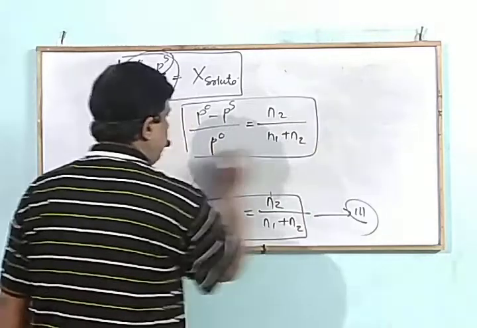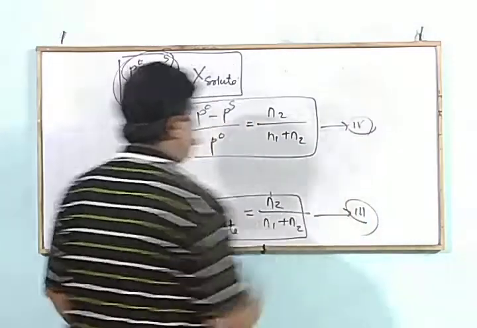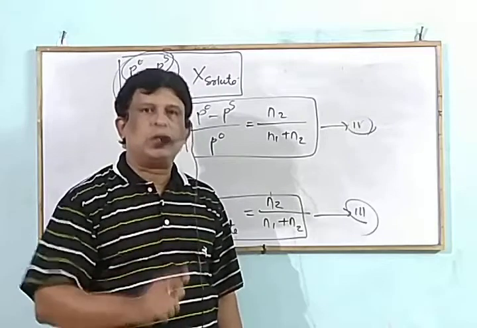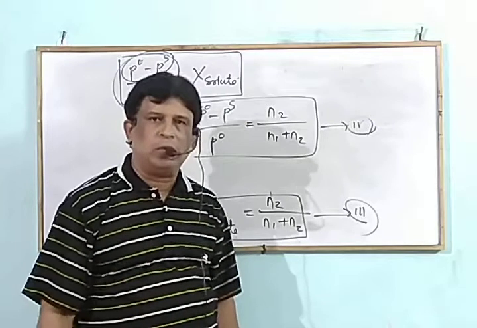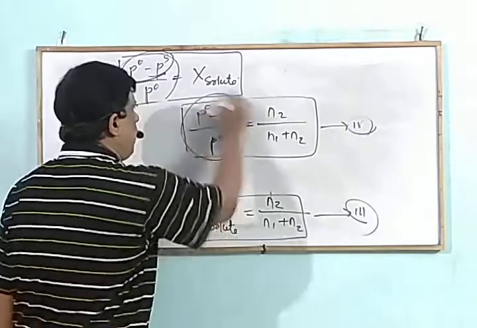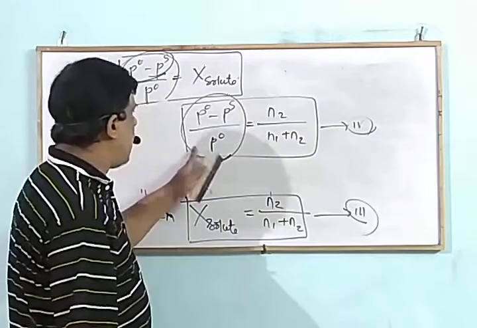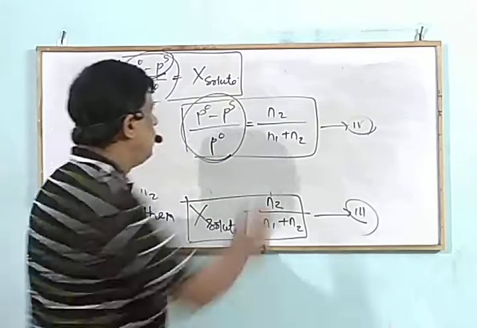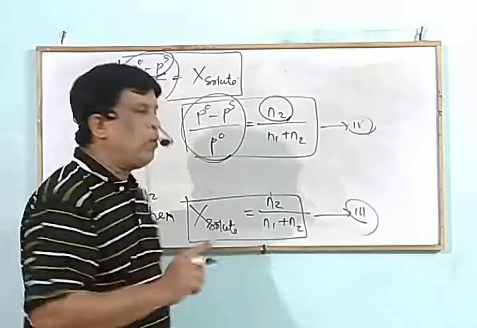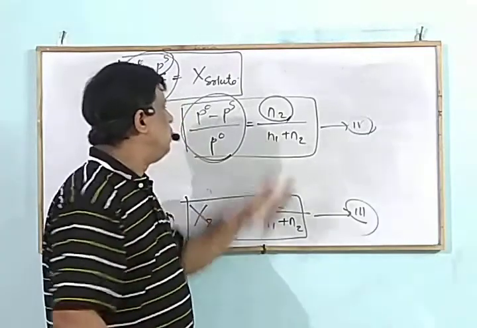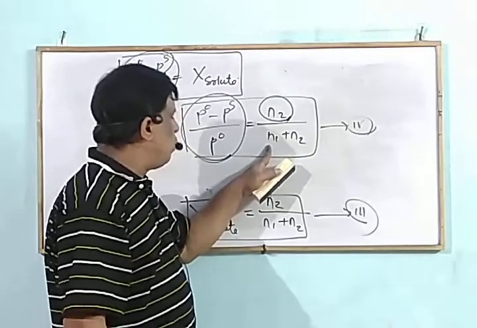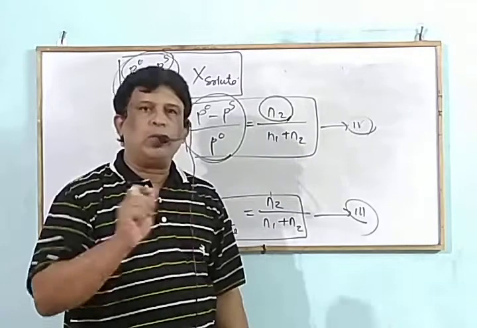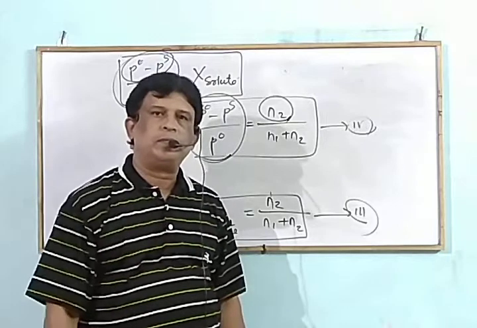This is the mathematical expression of Raoult's law for a solution containing non-volatile solute, where P naught minus Ps by P naught is known as RLVP, relative lowering in vapor pressure, N2 is the number of moles of the solute, N1 is the number of moles of solvent, and N1 plus N2 is the number of moles of the solution.